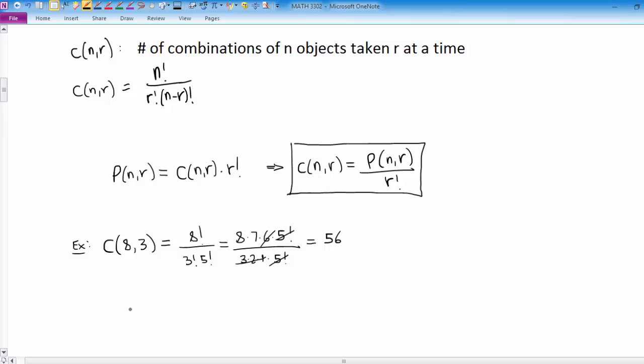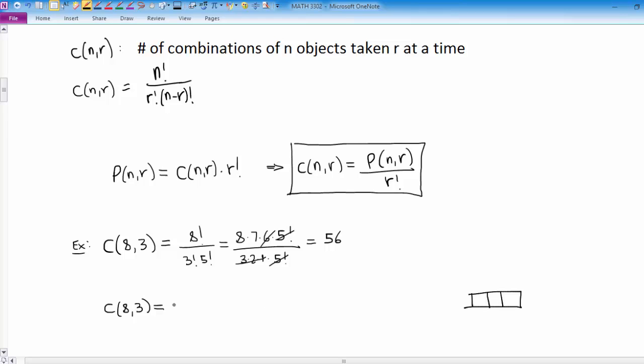Okay. Now let's do this again. Now let's say we don't remember the formula. Well, again, let's use the slots because we will obtain the number of permutations first. At some point, you won't need to use the slots.